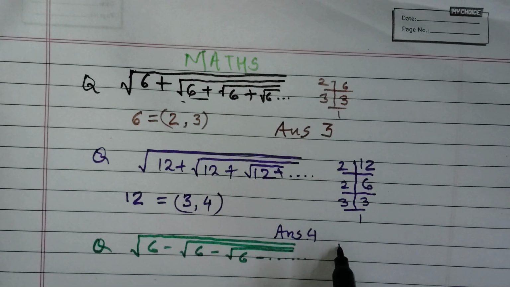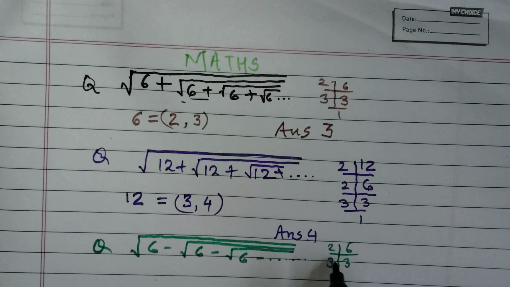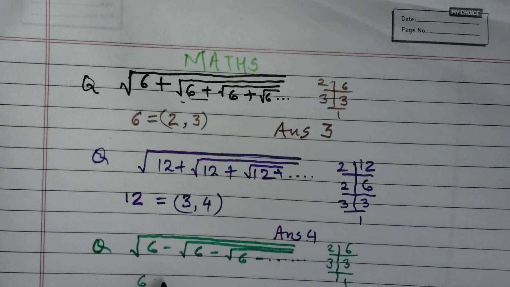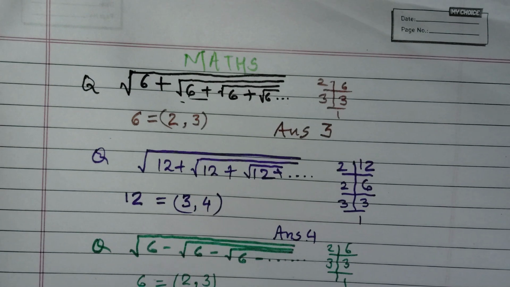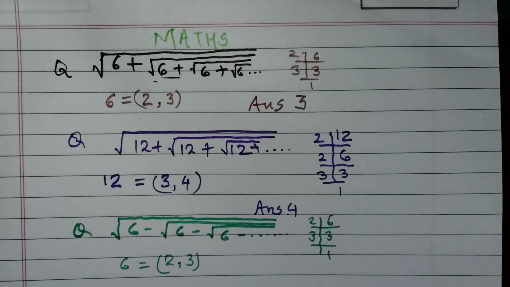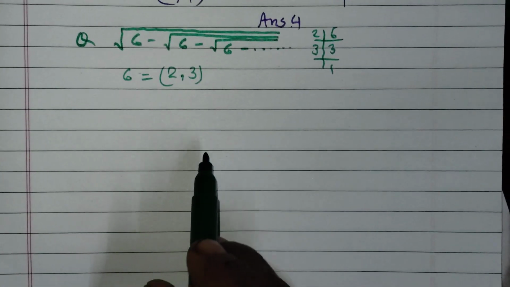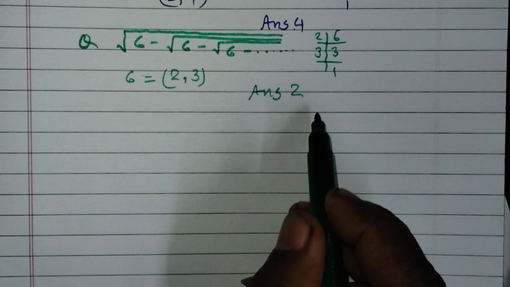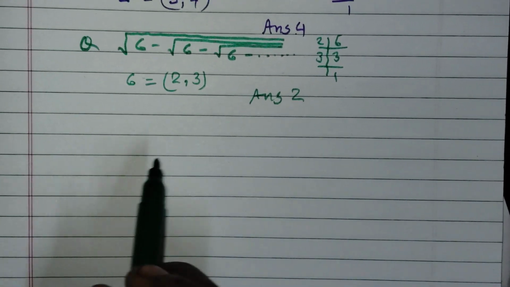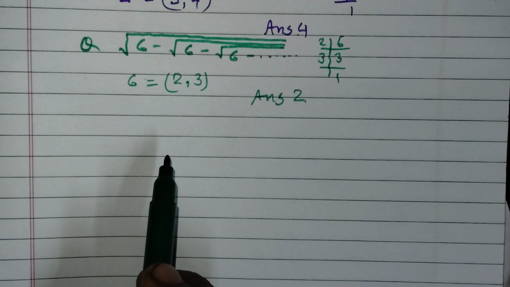So find the factors of 6: 6 divided by 2 is 3, and 3 divided by 3 is 1. The two factors that have a difference of 1 are 2 and 3. Since there is a minus sign in this question, our answer is the smaller factor, which is 2. So the answer to this question is 2.